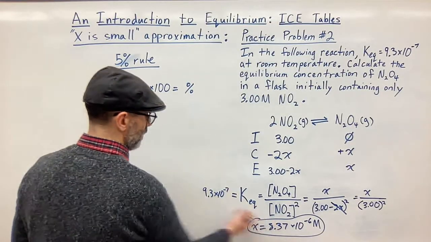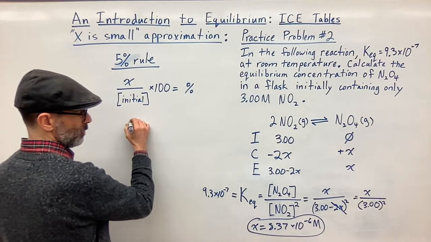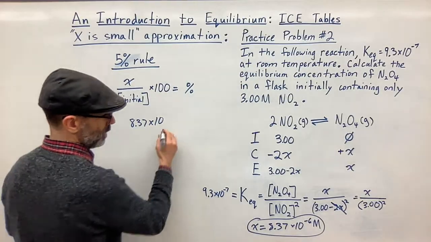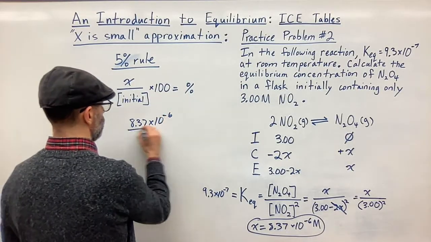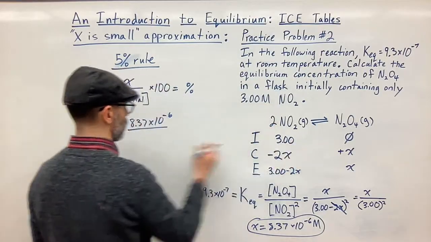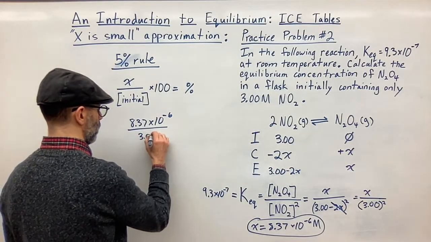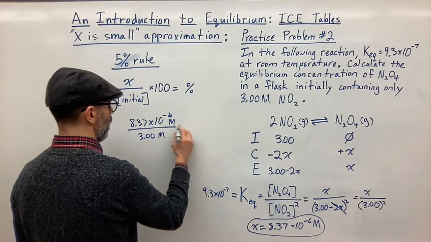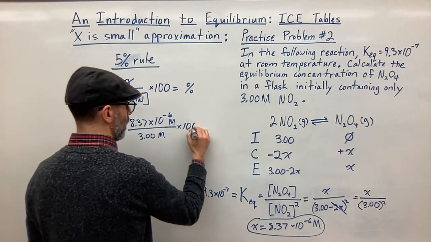So if we check this, we take our x, which is 8.37 times 10 to the negative 6 molar, and divide that by our original concentration, which is 3 molar. Then we multiply by 100.